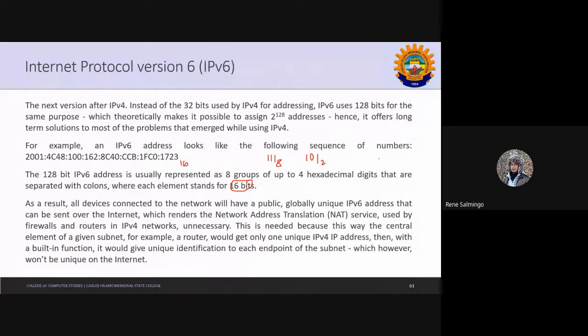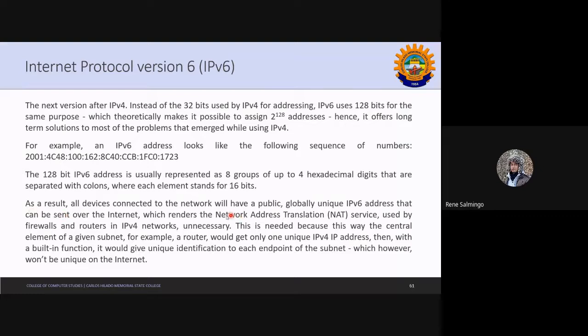Okay. So that one is 16. Remember, hexadecimal has 16 values, octal has 8, and binary has 2.